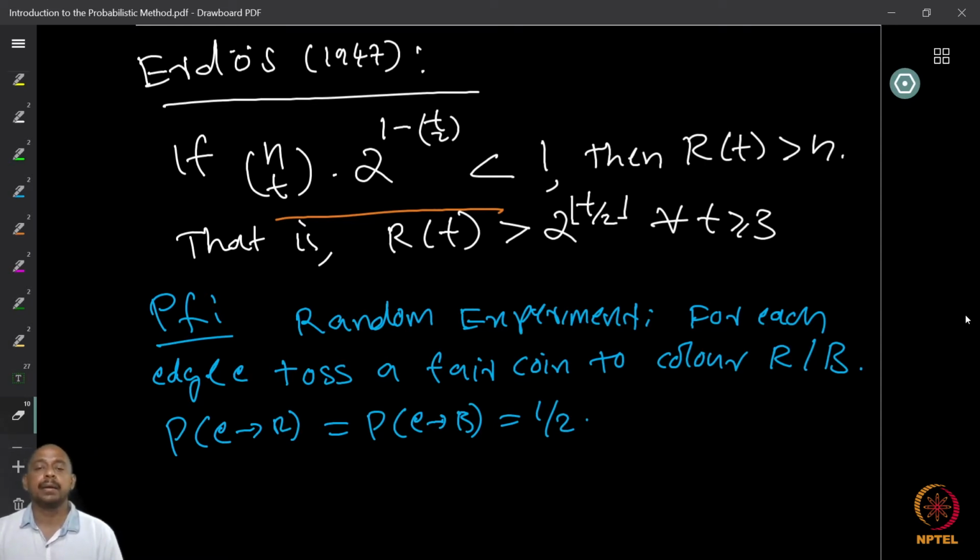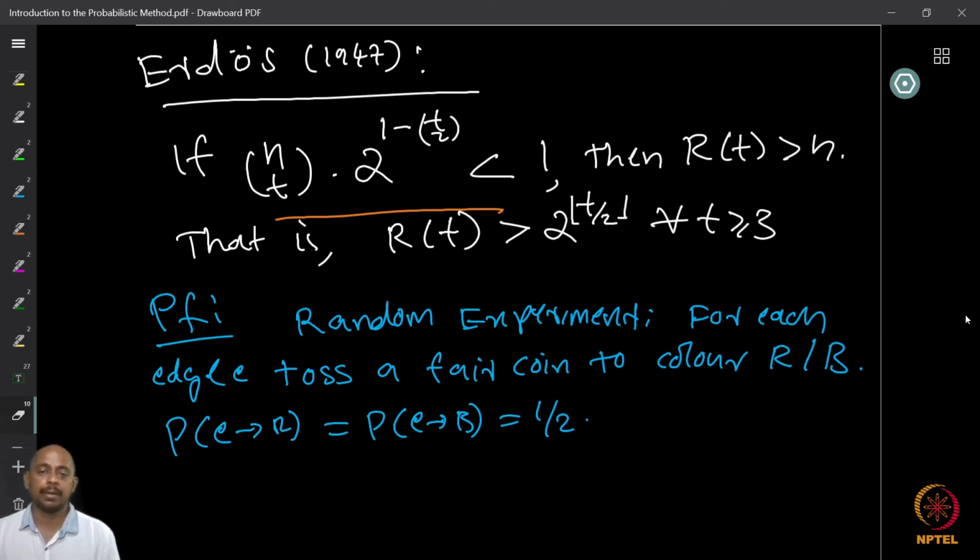If it becomes heads, I will color it, let's say, red, and if it becomes tails, I will color it blue. We'll assume the coin is fair, so that the probability of red or blue is the same.